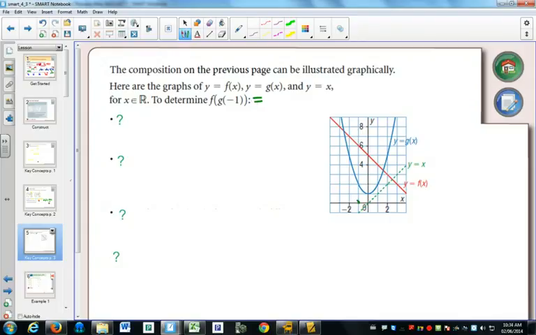If I plug that into g of x, can you see that that would be on my blue graph, right here. When x is -1, y is 2. Okay? Does that make sense? So f of g of -1 is the same as f of 2.